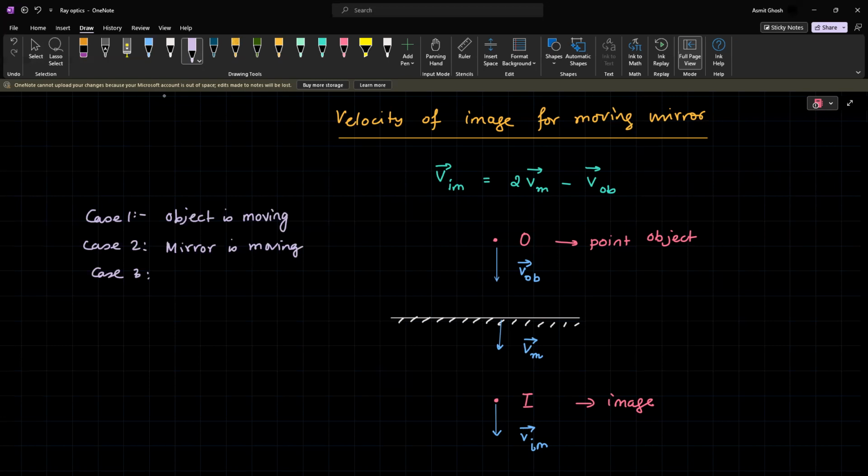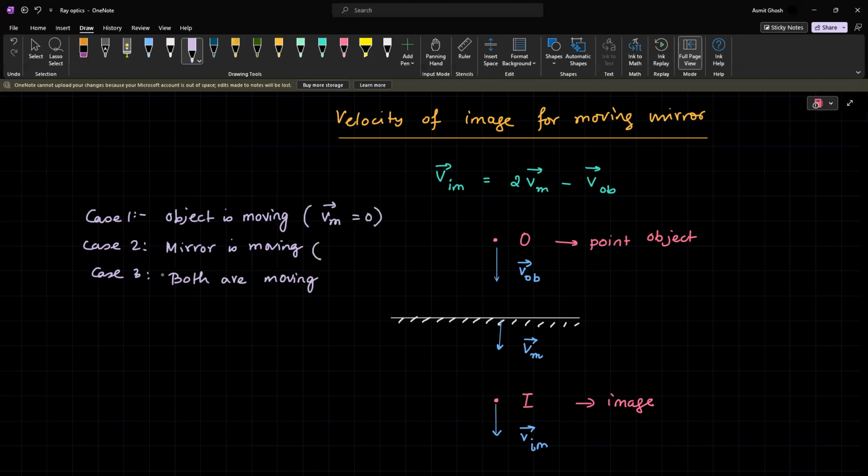Understood? Okay, wait a second. Okay, both are moving. In this case, Vm equals 0.